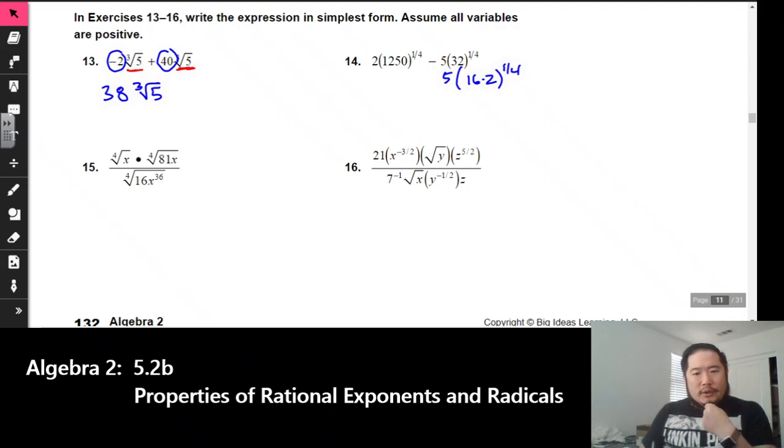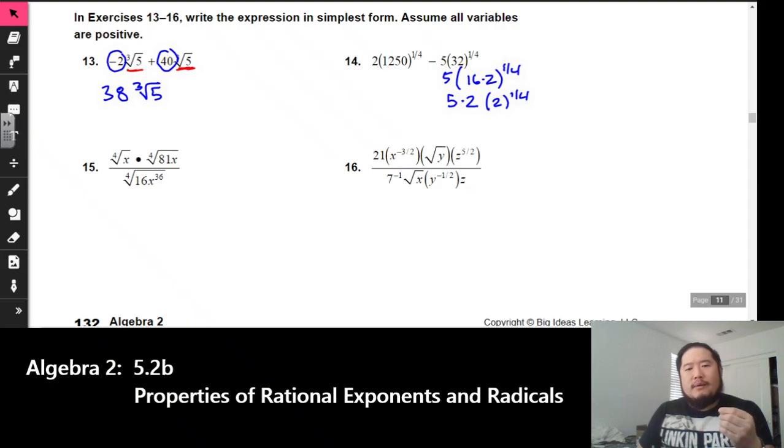So a tip right here that I'm trying to share is, let's take a look at the smaller numbers and see what I could take the fourth root of. The fourth root of 16 ends up being 2, and I'm left with 2 to the 1/4 power. So how is that going to help me? Well, let's take a look at 1,250.